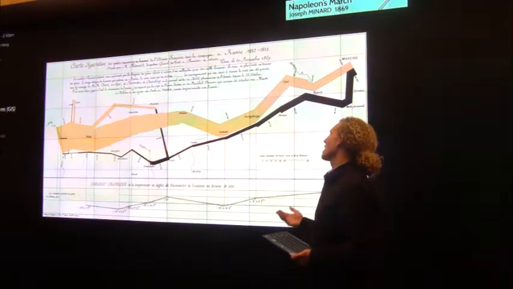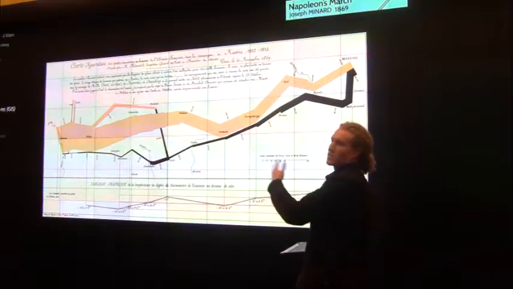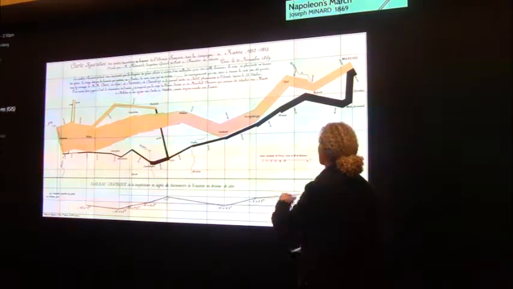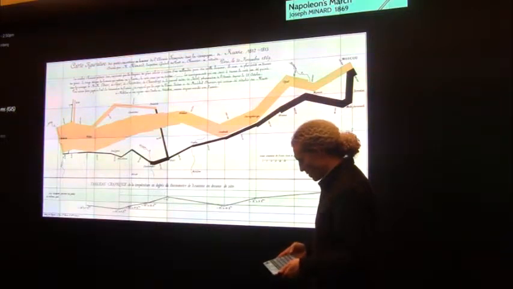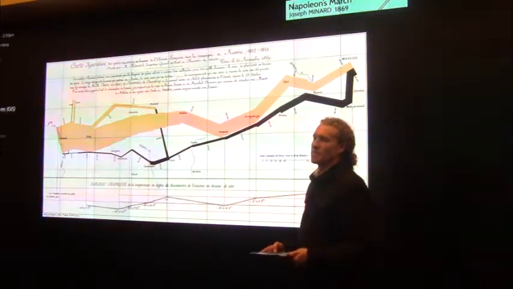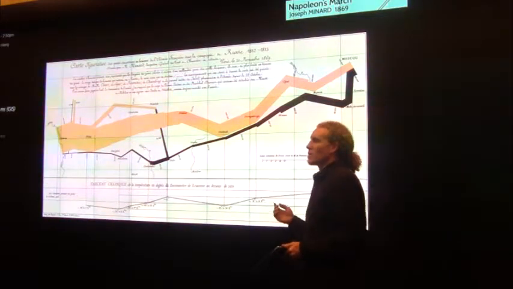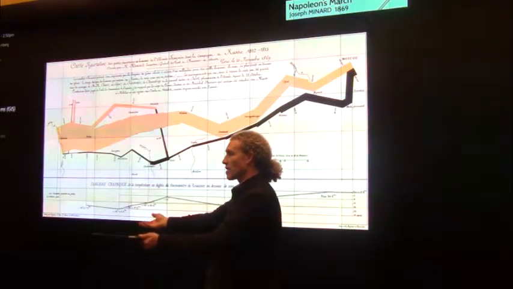This is a time when these kinds of techniques are really starting to flourish. And Minard, the author of this, has done several other images that are worth consulting. But all of this is really about communication. It's all about, this is what we know, this is the data we collected, and here it is.